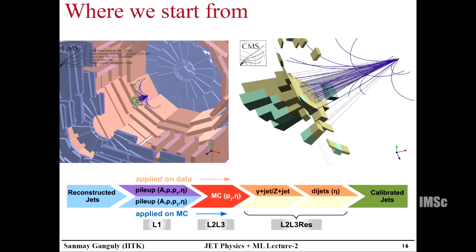The energetic towers, the blue ones are associated tracks, and all this combination goes into constructing one particle flow jet. This is what we measure in reality. How do we convert this one splash of energy with associated track curvature into that number which matches with next-to-leading order theory? There are quite a few steps to go.